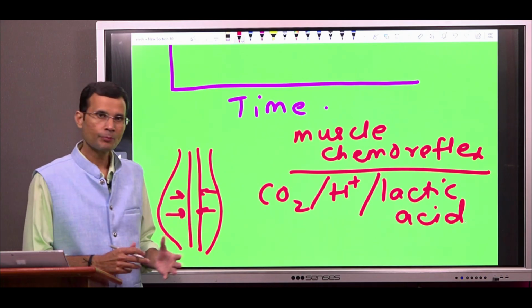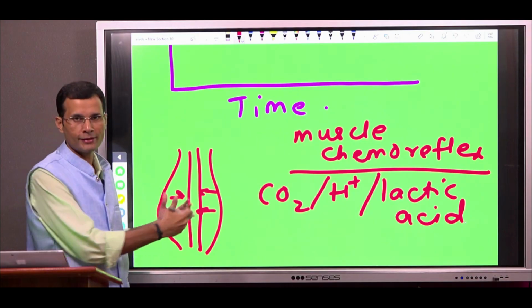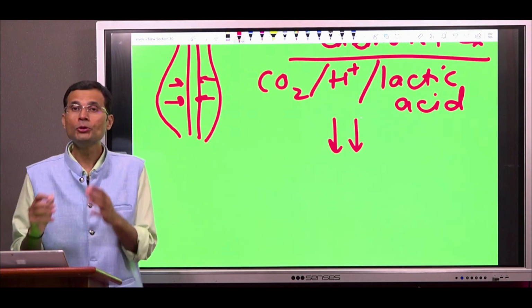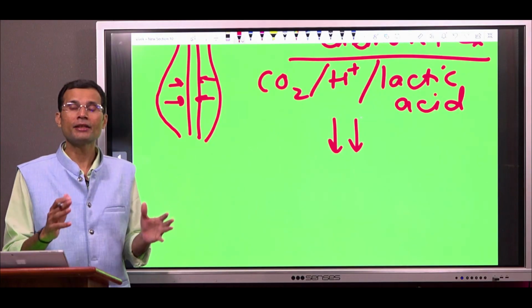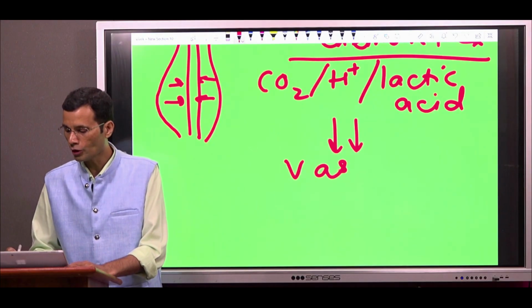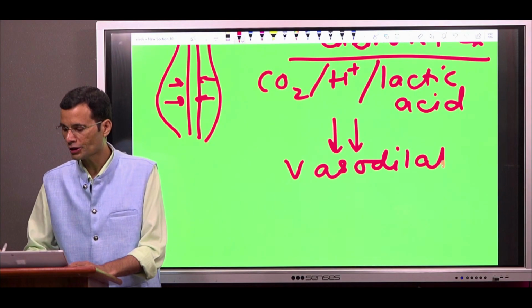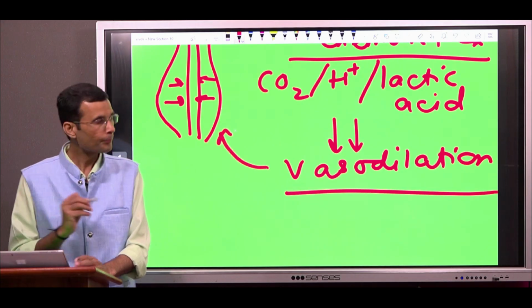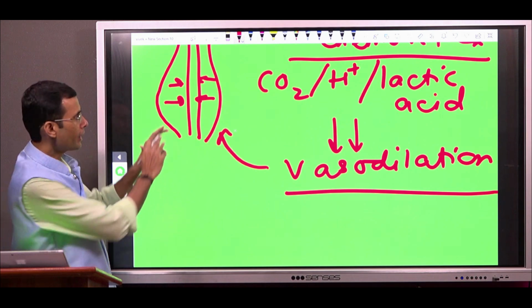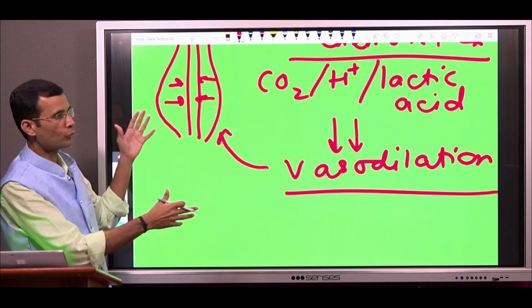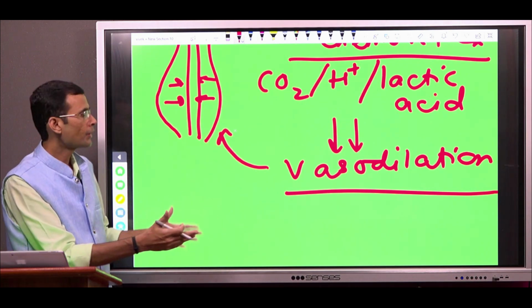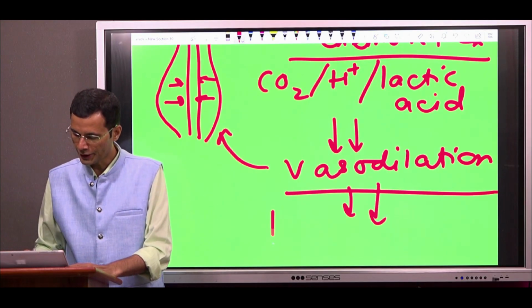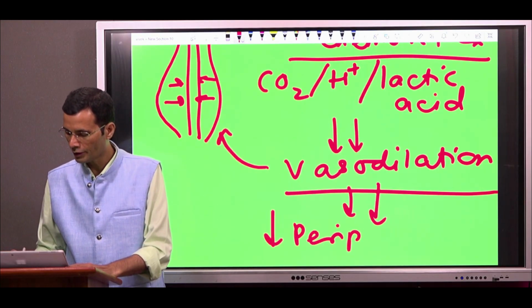These chemicals which are released by the exercising muscles are known to be dilators. They cause vasodilation locally in the skeletal muscle. Where they are released into the muscle, they will cause local vasodilation, and local vasodilation will result in decreased peripheral resistance.